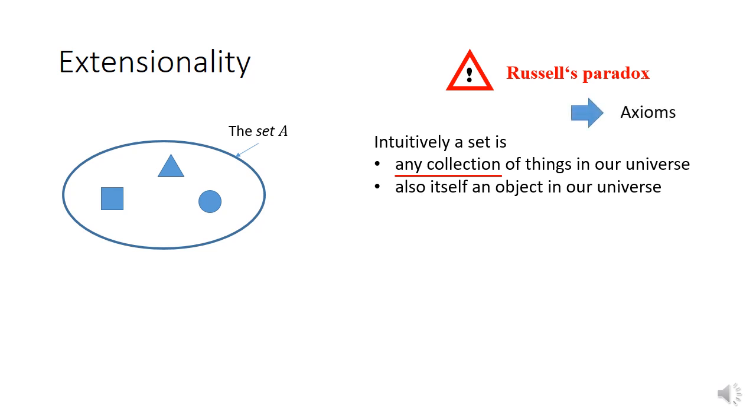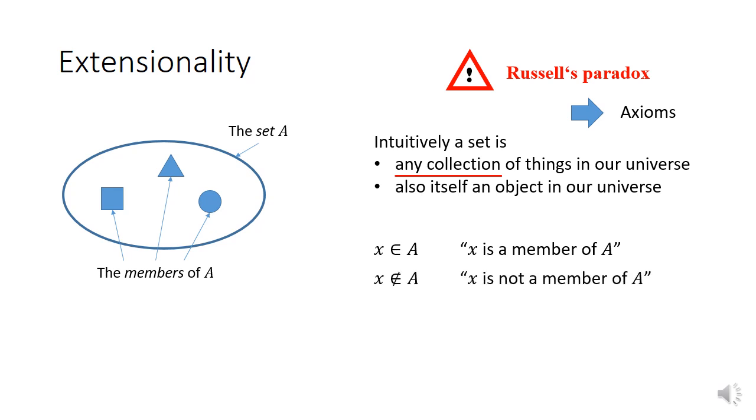Therefore, we will also establish axioms for sets that tell us which sets belong to our universe. The things grouped together in a set are called the elements or the members of the set. We write x ∈ A if x is a member of A, and otherwise x ∉ A.